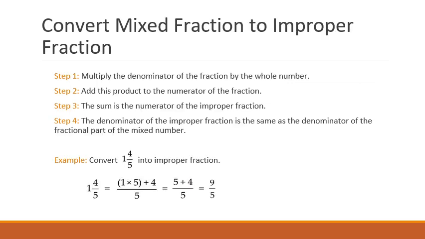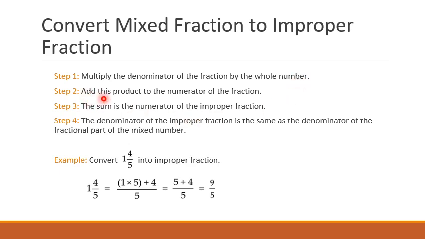Now let's see how to convert a mixed fraction into an improper fraction. The first step is to multiply the denominator of the fraction by the whole part.